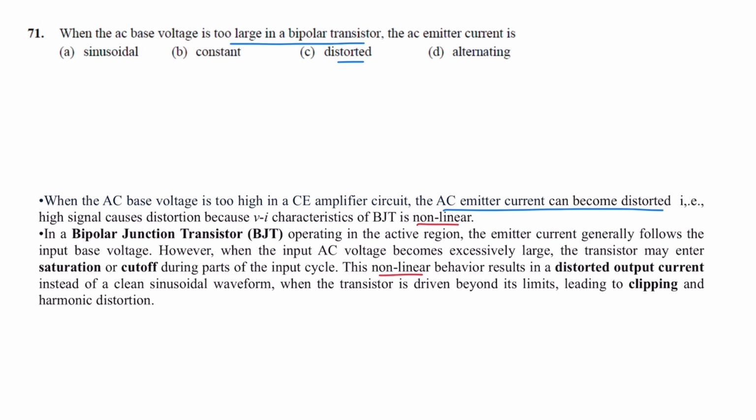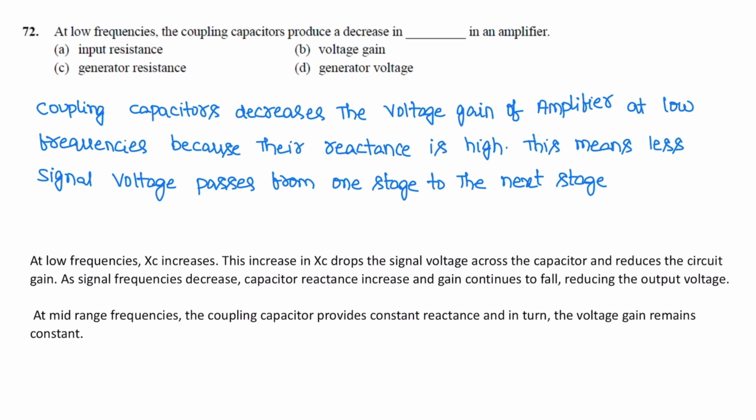At low frequencies, the coupling capacitor produces a decrease in the voltage gain of an amplifier, because the reactance is high.